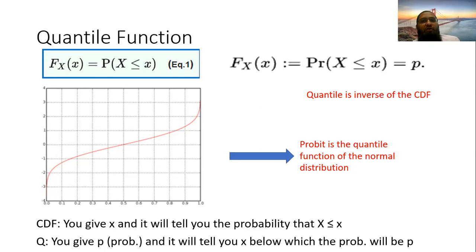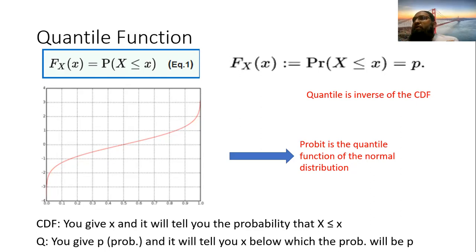That's called a quantile function. Is this clear? And this quantile function is called the Probit function. The Probit function is also an important term in machine learning. Okay. The Probit function is the quantile function of the normal distribution. So if you take the inverse of the CDF of the normal distribution, then that's going to be the Probit function.